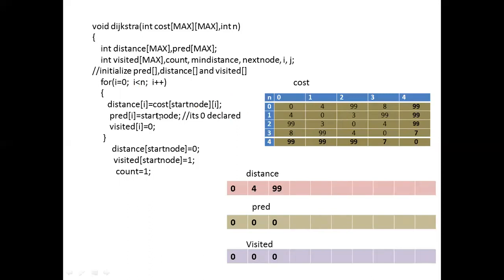Now we can observe the i value becomes 4. If it is 4, 4 is less than 5, the condition is true. If it is true, it will enter the loop and execute these three statements. The values will be assigned to these array variables. Now we'll get like this: 8, 0, 0.